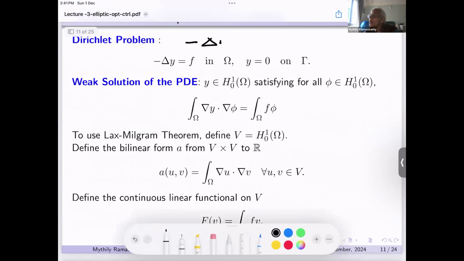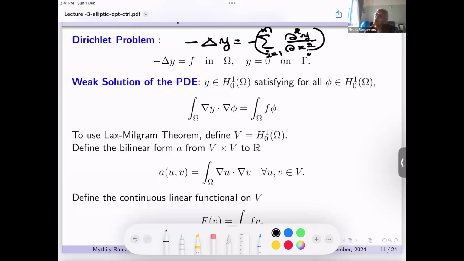Minus Laplacian of Y is the summation of d2y by dxi square, i runs from 1 to n. So this is the usual notation we follow for writing this elliptic operator, the Laplacian. Okay. Now the Dirichlet boundary condition: y equal to 0 on gamma.